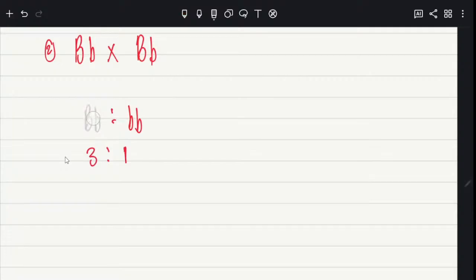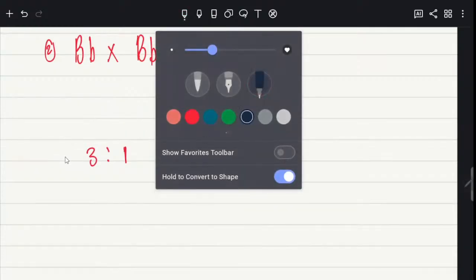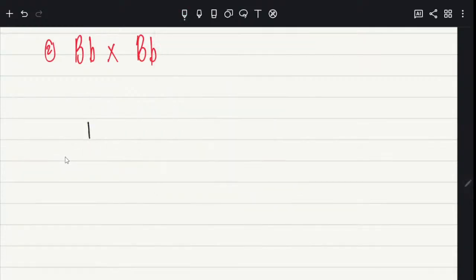If we are doing phenotype ratio, not genotype. If we are doing genotype ratio, it would be like this: BB as to Bb as to bb. It would be 1:2:1. But this is what you get.